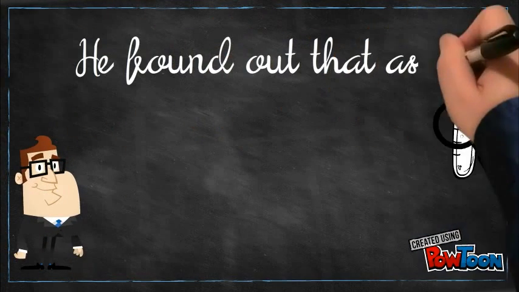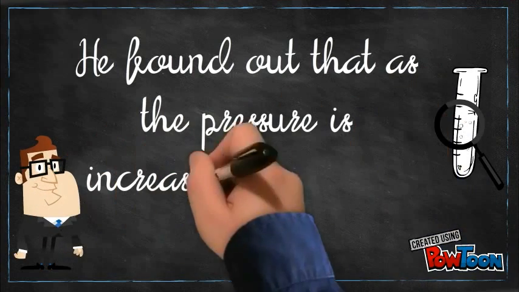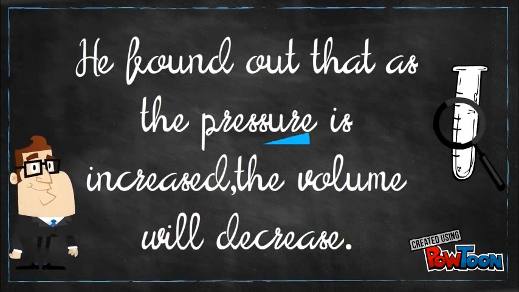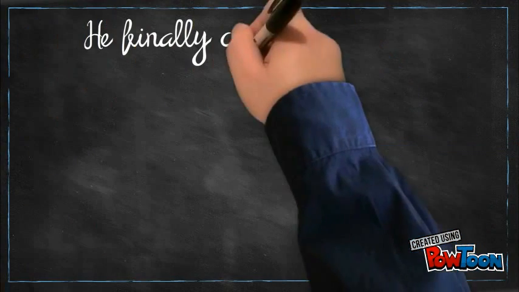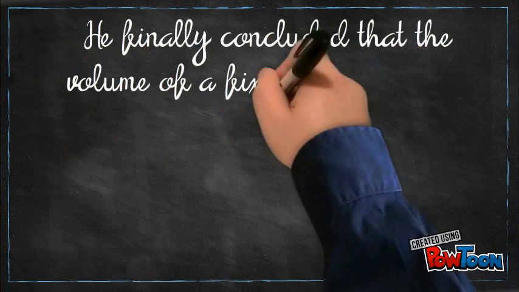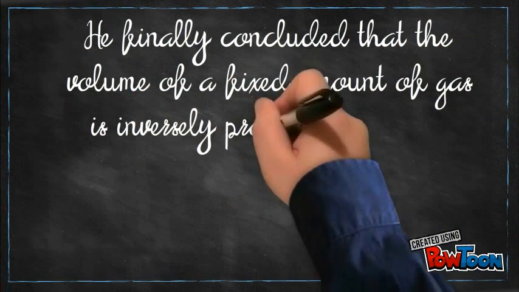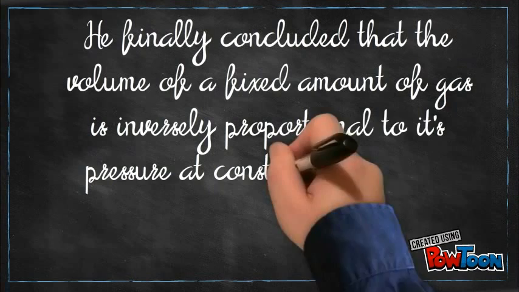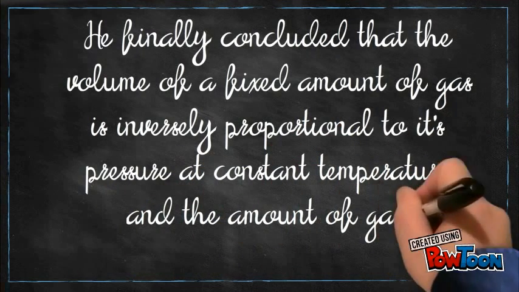He found out that as the pressure is increased, the volume will decrease. He finally concluded that the volume of a fixed amount of gas is inversely proportional to its pressure at constant temperature and amount of gas.